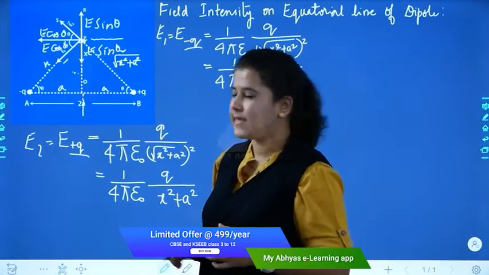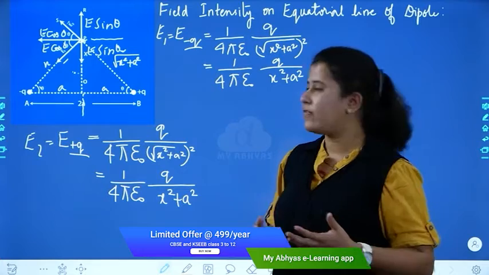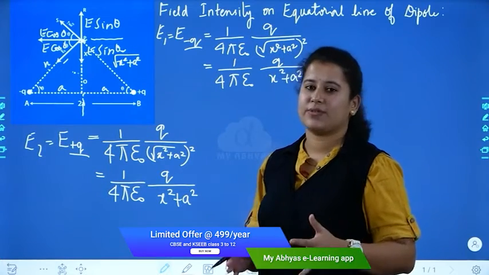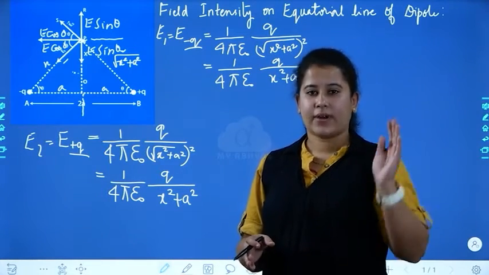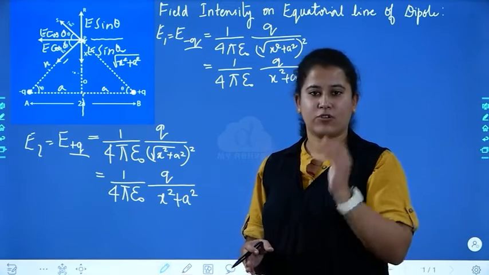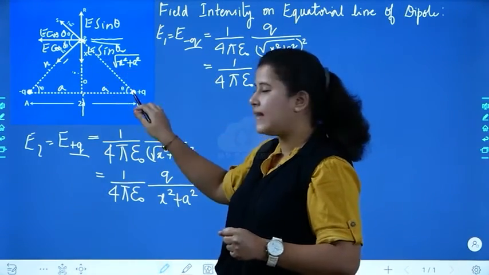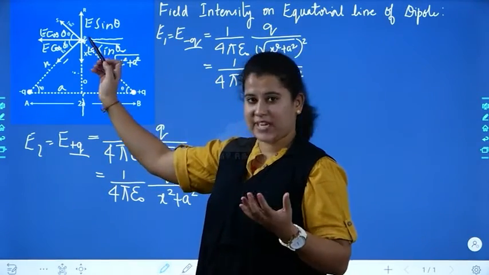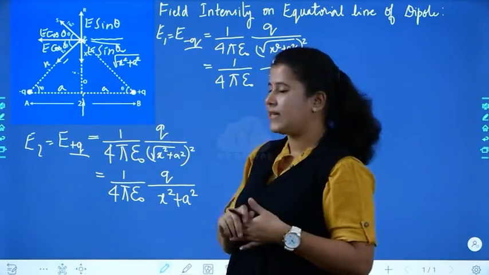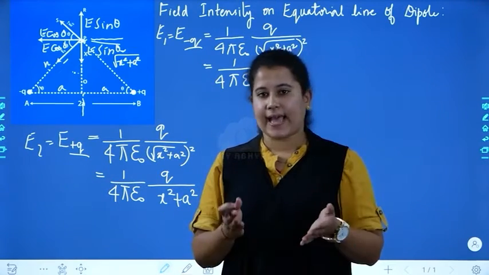So here E sin theta gets cancelled out, because we are finding the resultant using the triangle law and the parallelogram law of vectors. When I take two parallel lines, I am using this law of vectors, and that's why the E sin theta components are opposite and equal, and they cancel out.